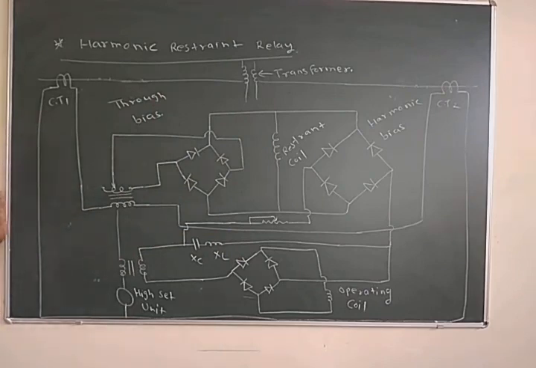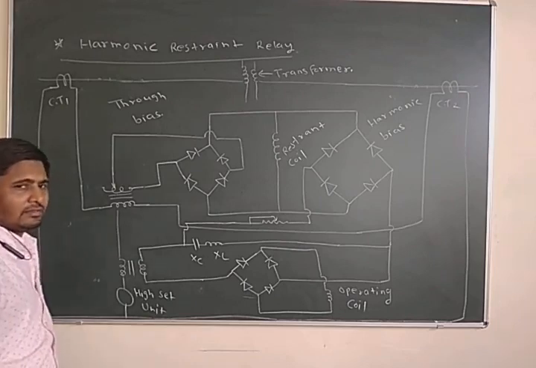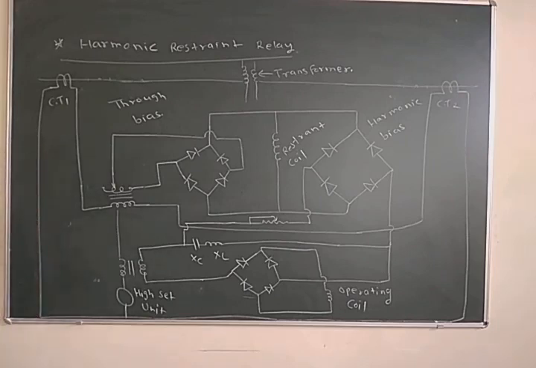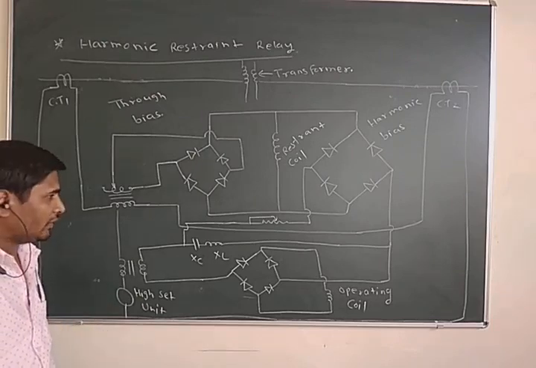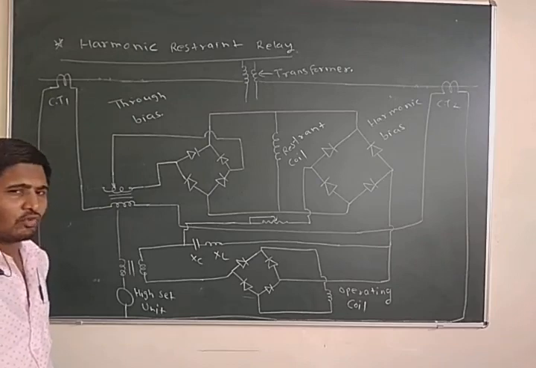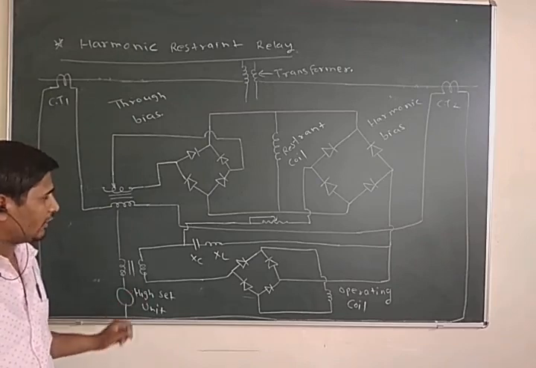So what is inrush current? Inrush current is the value of current which flows in the transformer when we initially energize the transformer core to set up magnetic flux. Now inrush current consists of a fundamental component plus harmonic components. In case of inrush current there are two main harmonic components.